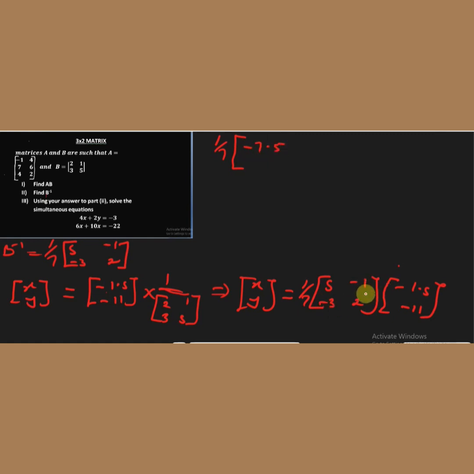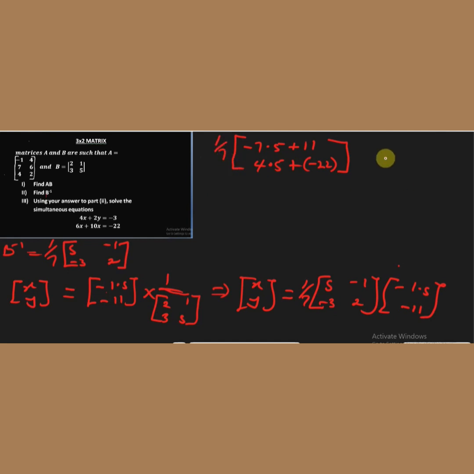Then minus 1 times minus 11, that's going to give me plus 11, right? Then I'll go with minus 3 and 2. Then minus 3 times minus 1.5, that's going to give me plus 4.5. Then 2 times minus 11, that is going to give me minus 22.